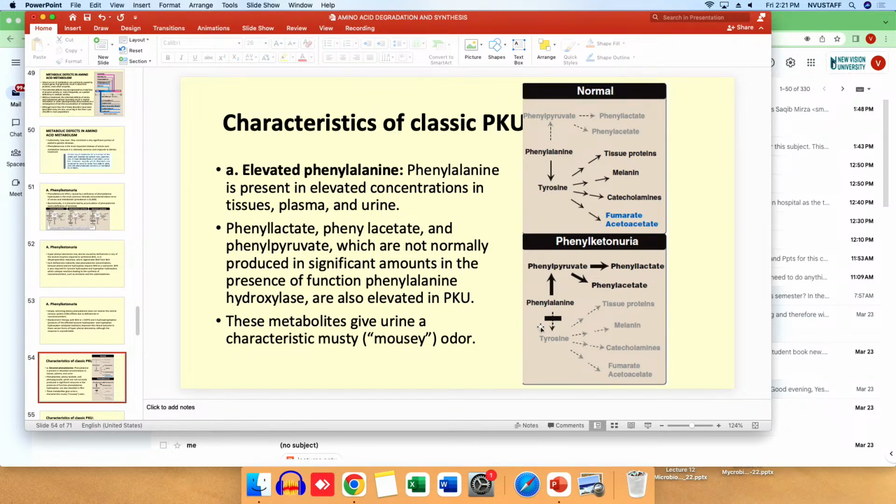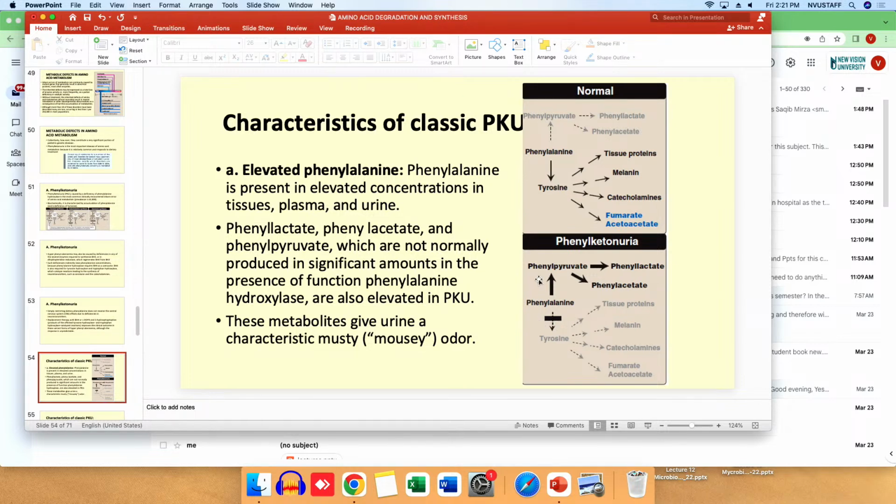So everything behind the deficient enzyme, it's shown in the fade color, means that it's deficient, not present, and everything above the deficient enzyme will accumulate. This is very important to understand. Here is the deficiency of enzyme. Everything below that, not present. Everything above it, elevated. This elevation is something that causes a problem in the human body.